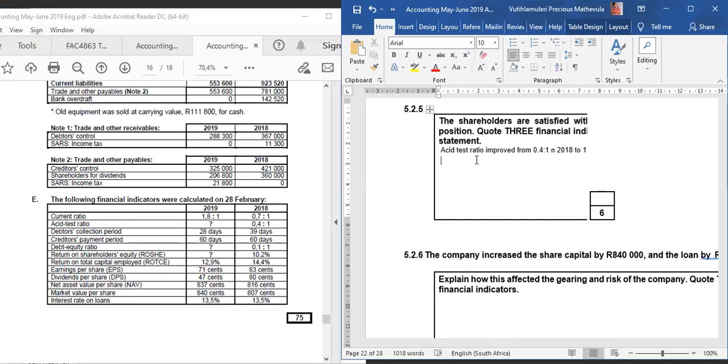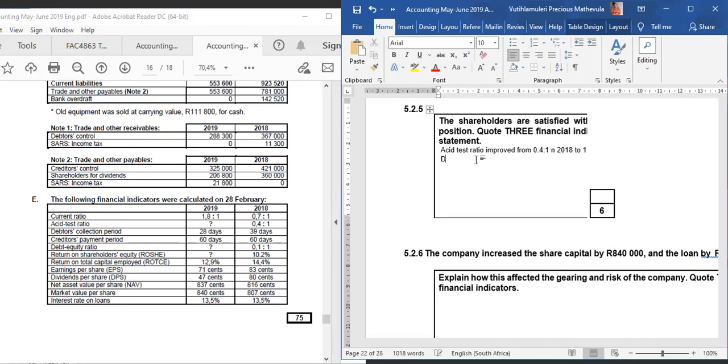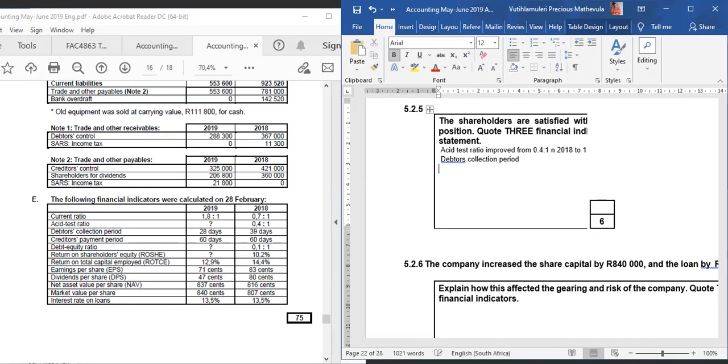And then another thing is the debtors collection period. In 2018 it was 39 days, and in 2019 it was 28 days. So it also improved.